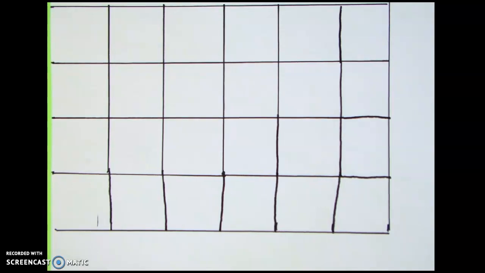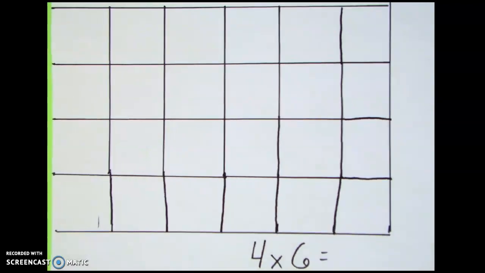What equation can we now use in order to find the area of this figure, since we know that there are 4 rows of 6? I'm thinking we should do 4 times 6. And what would that equal? 24. You are correct.